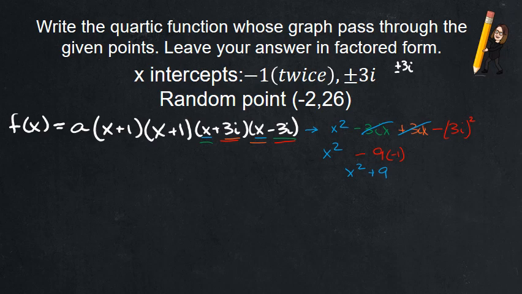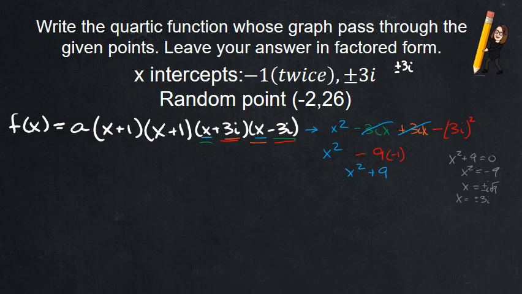Think about that. If I was to solve that, that would make sense. I'm just going to do this off to the side. Don't write this down. But if I was to solve this, I would have this, and I would have this, which would be positive minus 3i. Okay, that makes sense. I got the right solution.